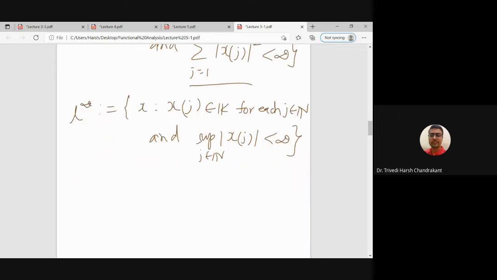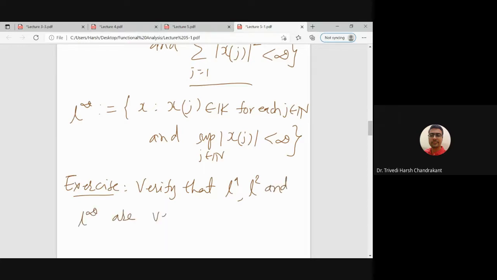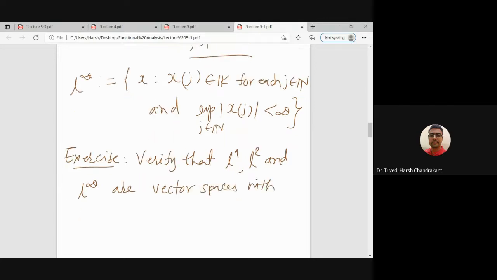So let me give you one exercise. Verify that L1, L2 and L infinity are vector spaces with respect to coordinate wise addition and coordinate wise scalar product.